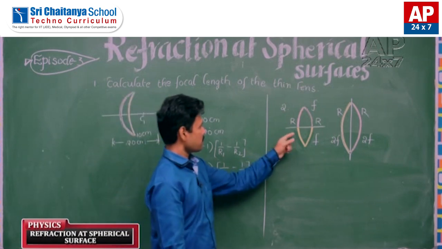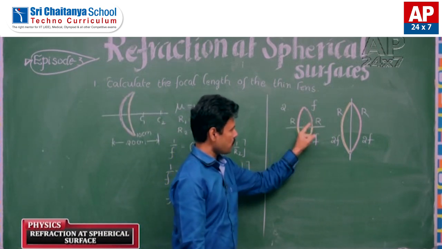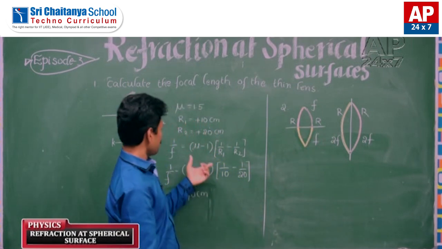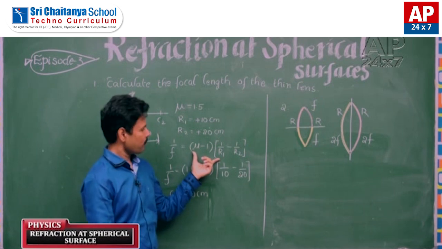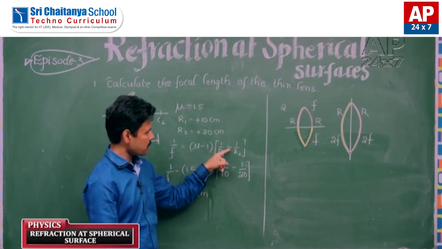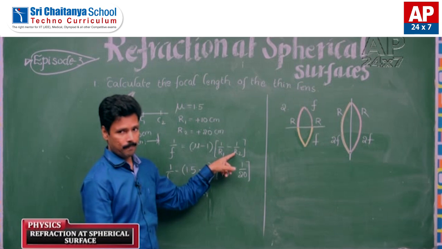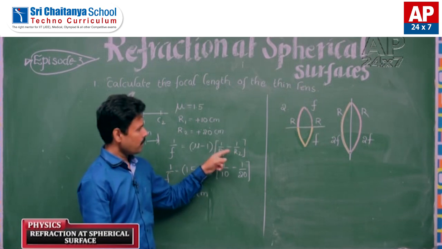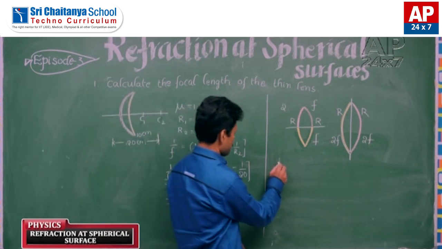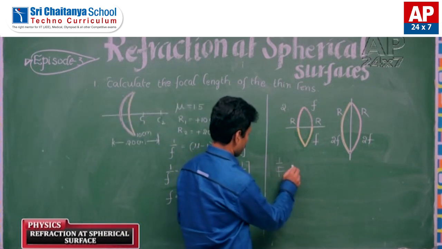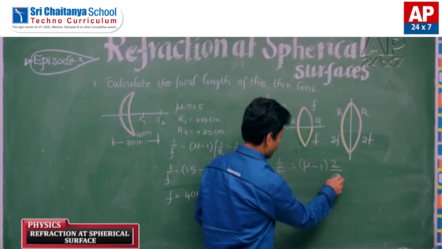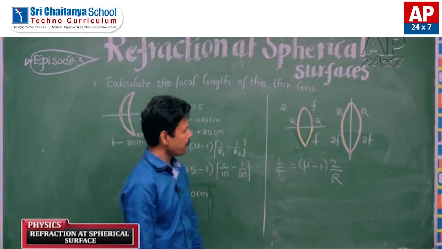In this case, one R is positive and one R is negative. Substitute this in the lens maker's formula: 1 by R minus 1 by minus R, so it is now 2 by R. Therefore, 1 by F is equal to mu minus 1 into 2 by R.